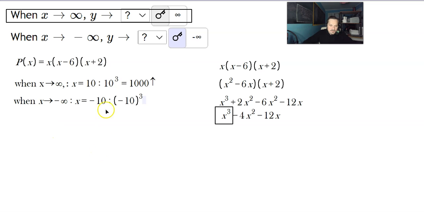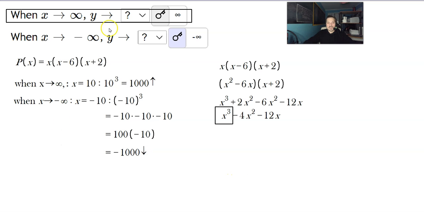This is negative 10 times negative 10 times negative 10. Negative 10 times negative 10 is a positive 100, times negative 10 gives you negative 1000. In other words, the graph will be going down.